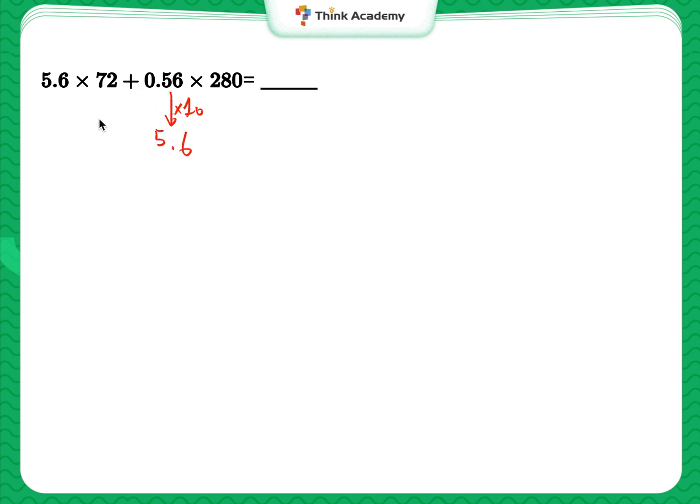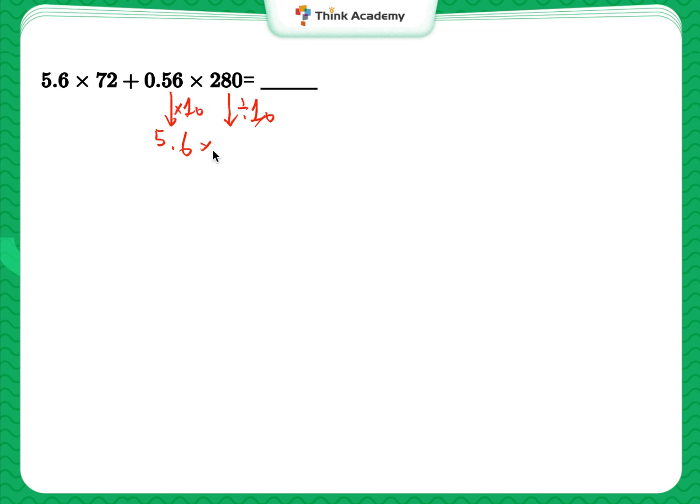So that I can share a common multiplier with the first multiplication right here. And what happens to the other multiplier if I want to let this multiplication keep the same value?